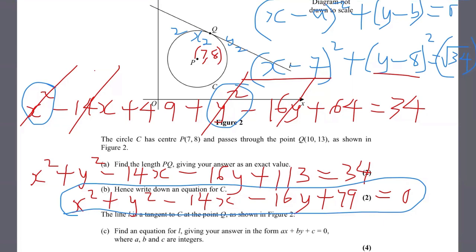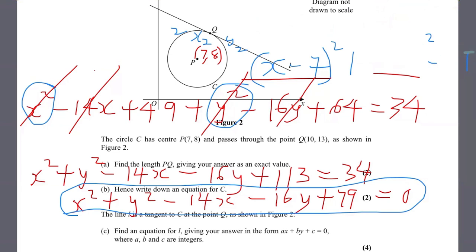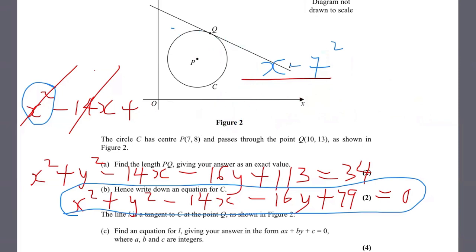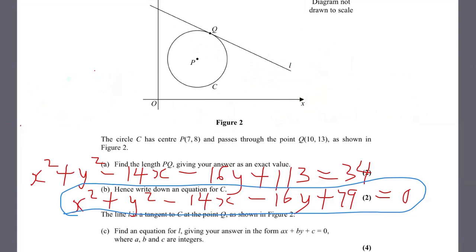The first two parts are always a stroll in the park, where most of us would encounter a glitch, which I don't think you are one of them, because you have shown serious prowess in your coordinate geometry. But where most people will have an issue is finding the equation of the tangent.